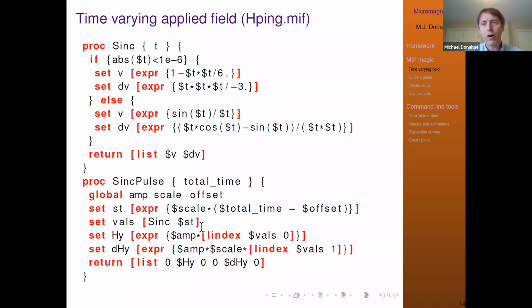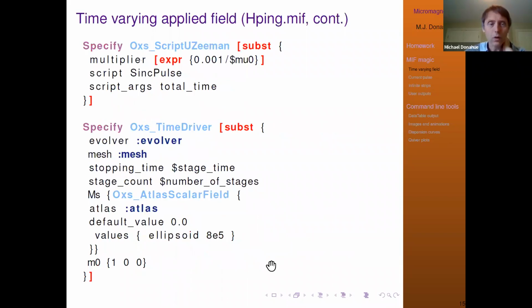Most of the time evolvers, if you give it a time varying signal, they want to know what the derivative is also. It's used in time stepping. And so in addition to sinc, I also need the derivative of the sinc, and that's computed here. And this function needs to return a 6 vector. The first 3 are the hx, hy, hz, and then the last 3 are the derivatives of those with respect to time.